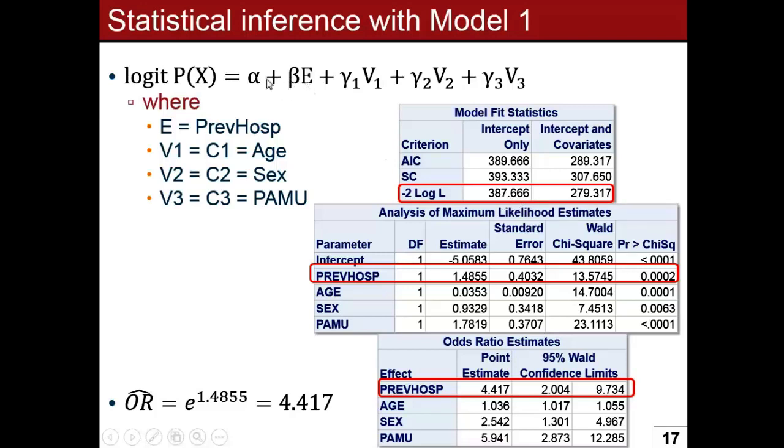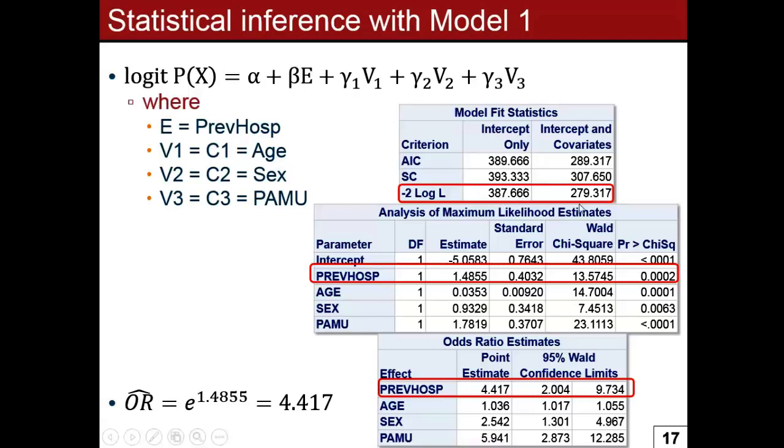Let's say you had a model, logit p of x equals alpha plus beta times exposure, and you wanted to know, is the exposure significant in that model with nothing else in it? Then you might compare the model with intercept and covariates to intercept only because there's only one covariate, and then you'd be testing the beta times exposure. So that's a really specific situation.